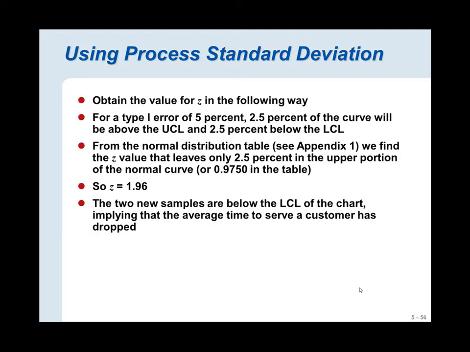Out of the 5% poor quality, about 2.5% will be higher than the upper control limit, and about 2.5% will be lower than the lower control limit.